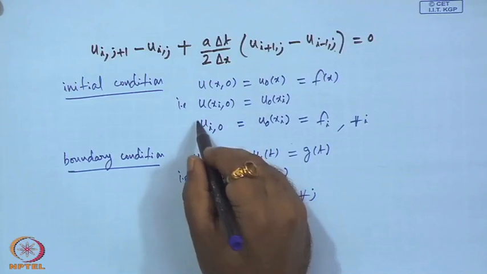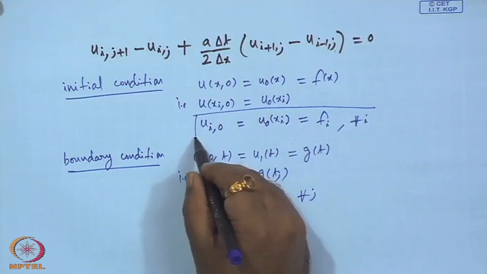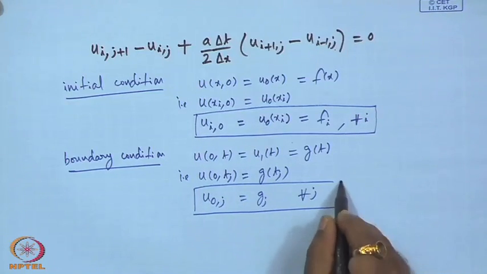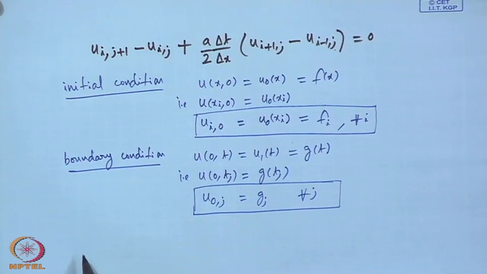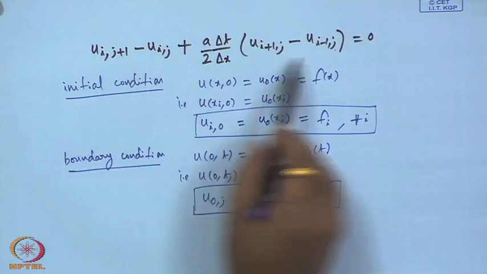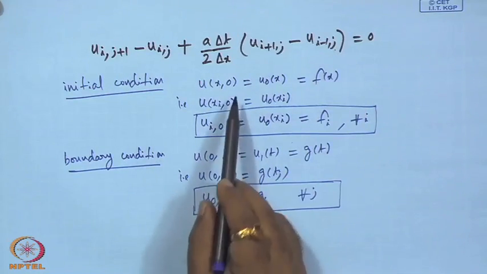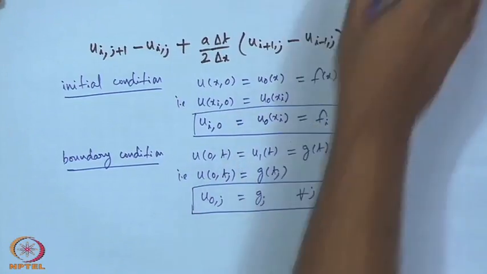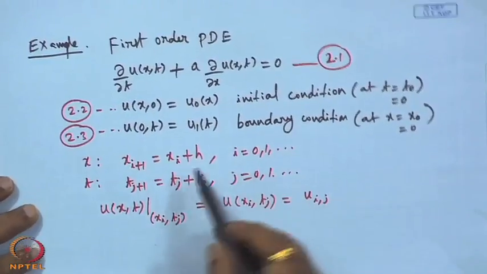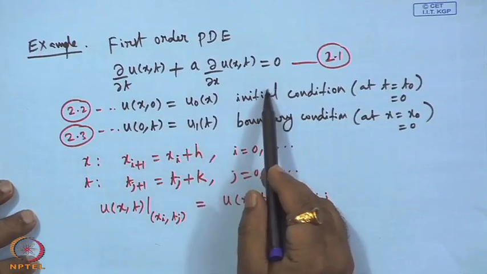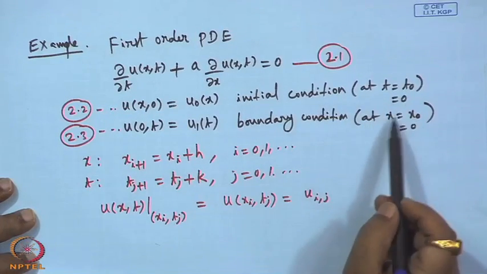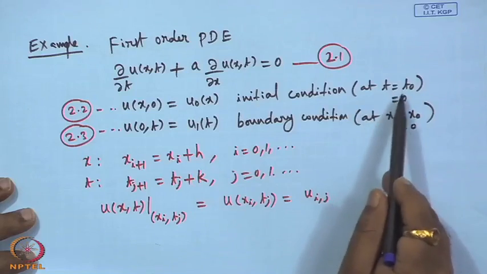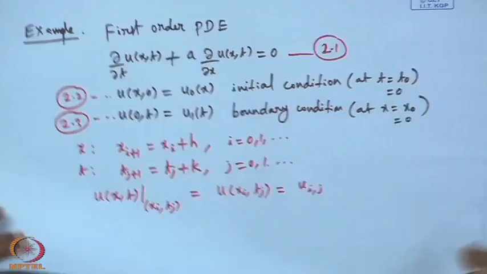So, this will be the corresponding discretization of initial and boundary conditions. Now if you look carefully, given the initial and boundary conditions, we have to solve. So, it depends on the boundary and depending on at which time step.